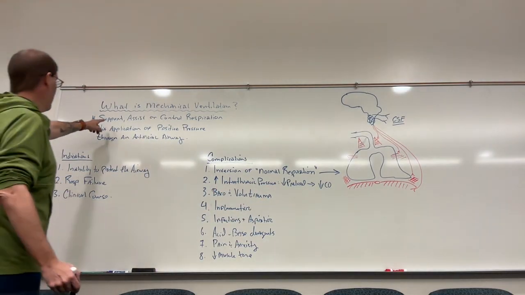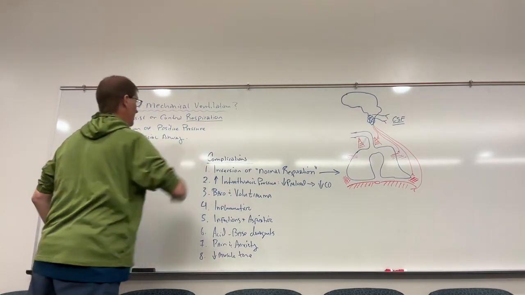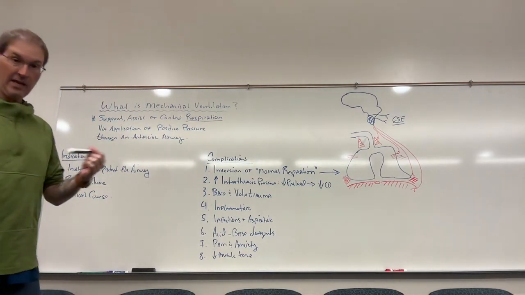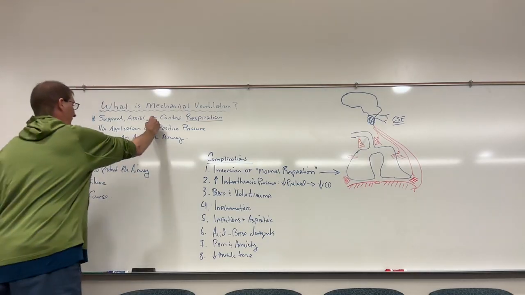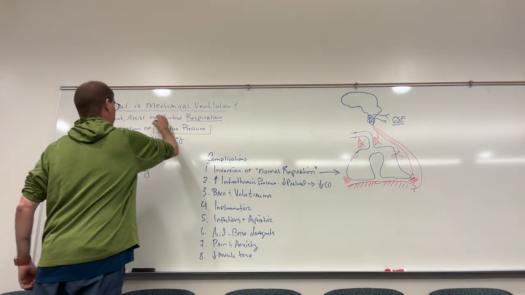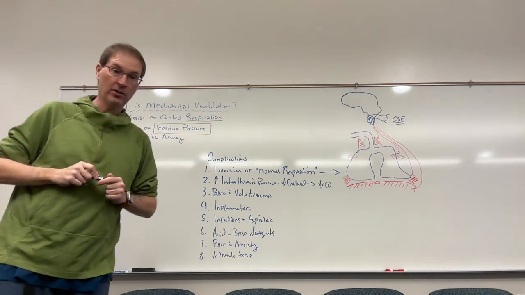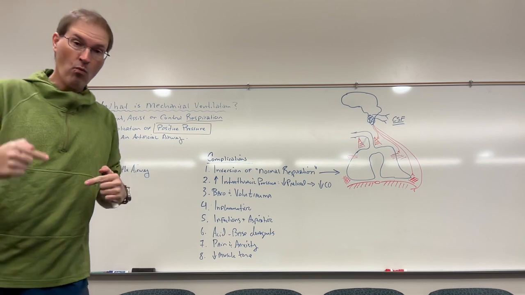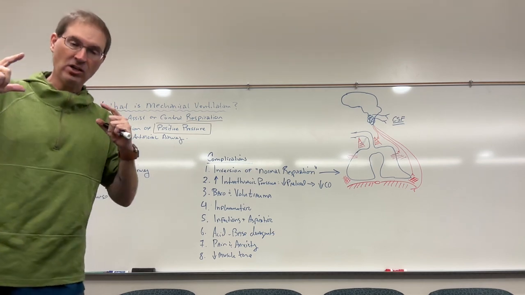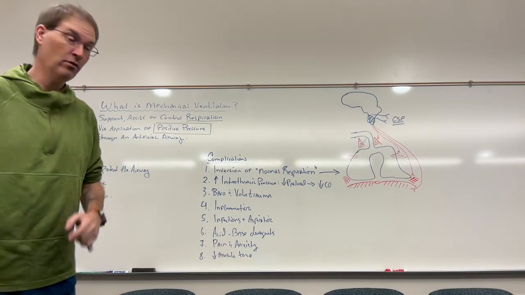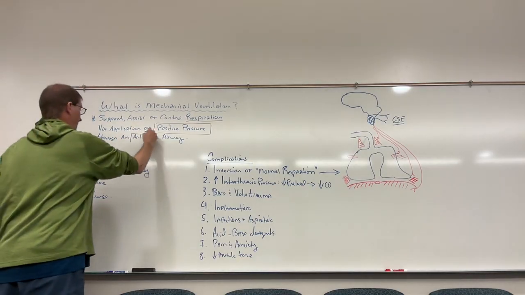So it is any time you're going to support, assist, or control respiration. And what we're referencing here, again, is external respiration via application of positive pressure. This is a very important component to mechanical ventilation. This is a way of providing positive pressure, and that concept is going to be very important moving forward, through an artificial airway.